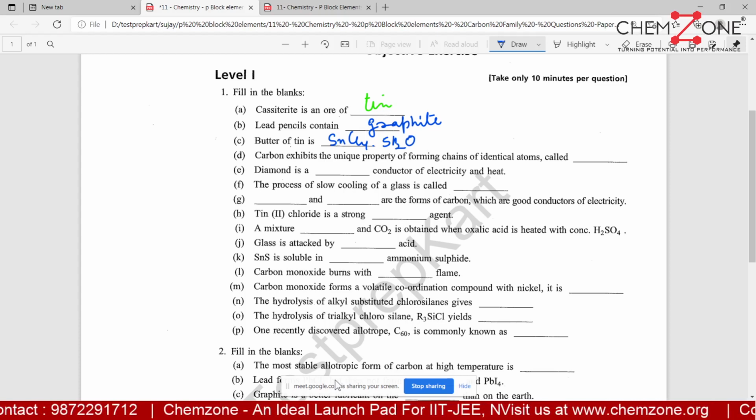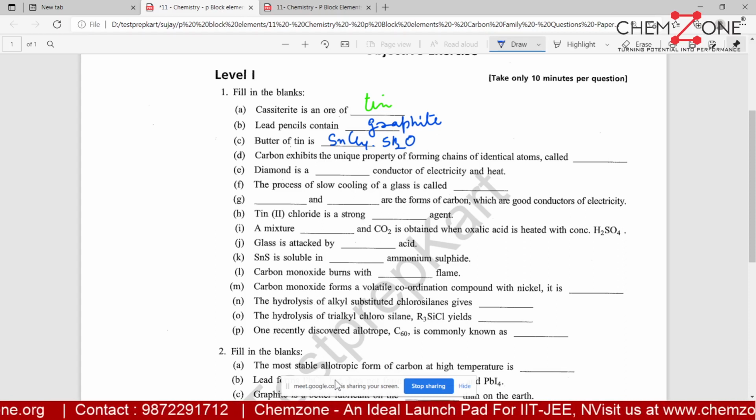All the three points you noted down? Okay. Carbon exhibits a unique property of forming chains of identical atoms, called as a, what do you call this property?